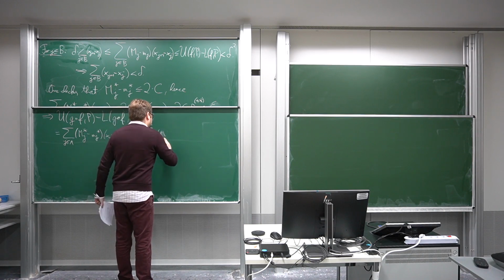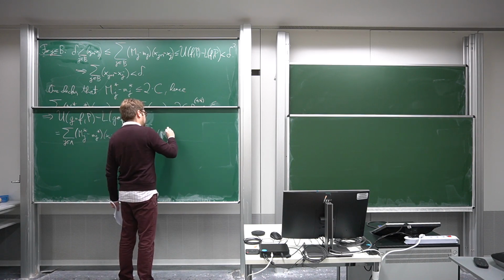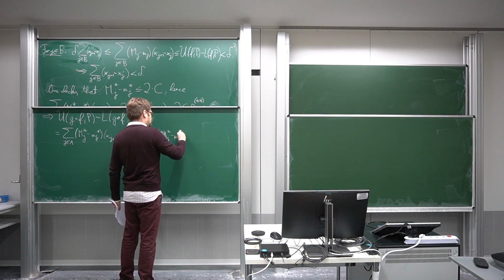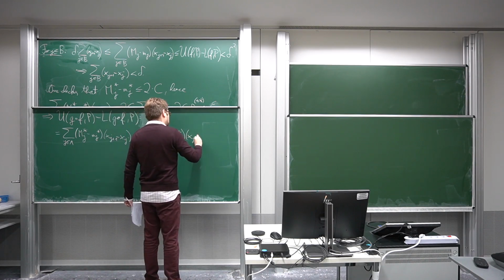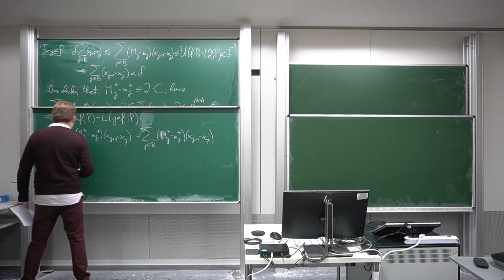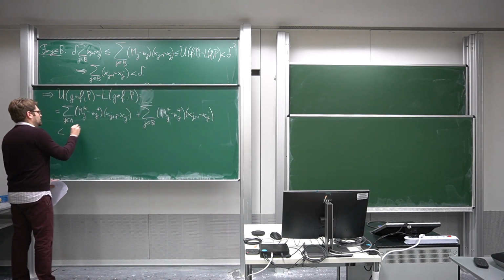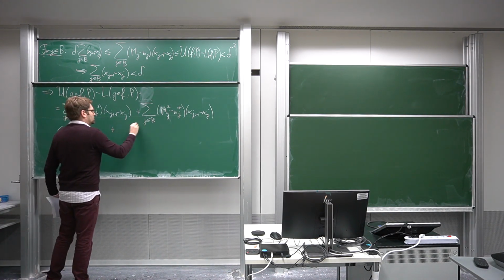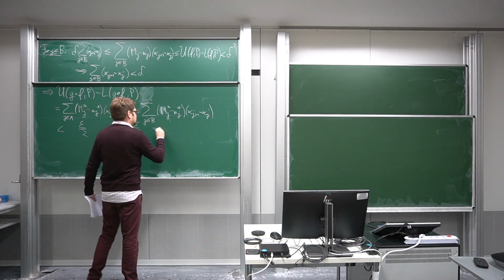So the sum of the same thing, Mj star minus small mj star times xj plus 1 minus xj, and we've just shown in these two parts that both of these sums are smaller than epsilon over 2. And of course, this is epsilon.